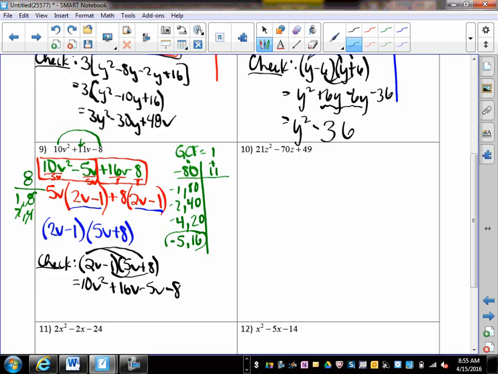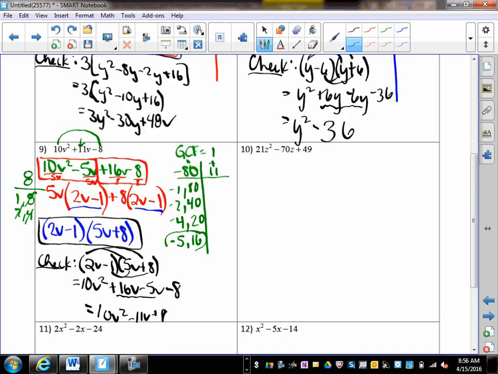Minus 8. What do these combine to be? 11b. Did it work? Yeah. That's right. Questions on that?